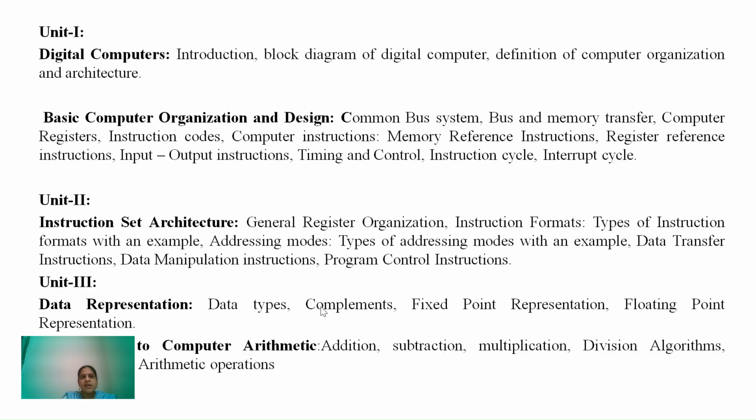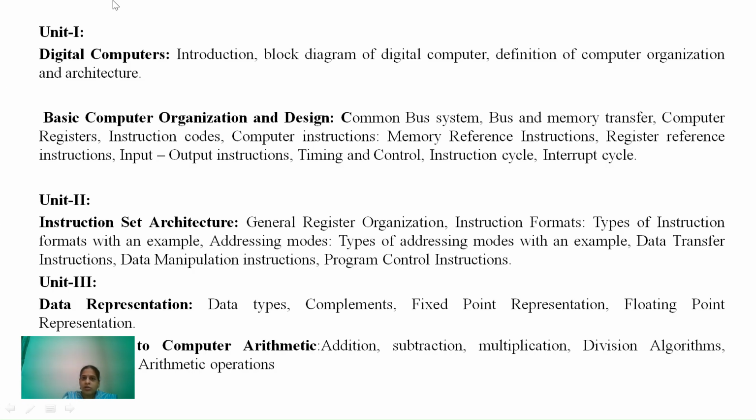Coming to the syllabus, we have 5 units. The first unit, part one, deals with the introduction to digital computers, where you're going to learn what a computer is and the block diagram of a digital computer. Next, you are also going to identify the difference between computer organization and computer architecture. Coming to the second part, the basic computer organization and design.